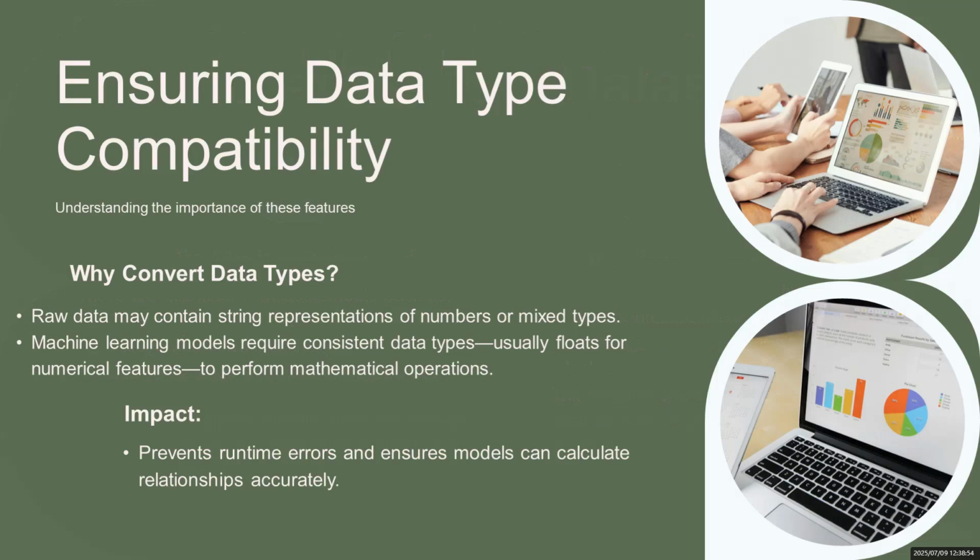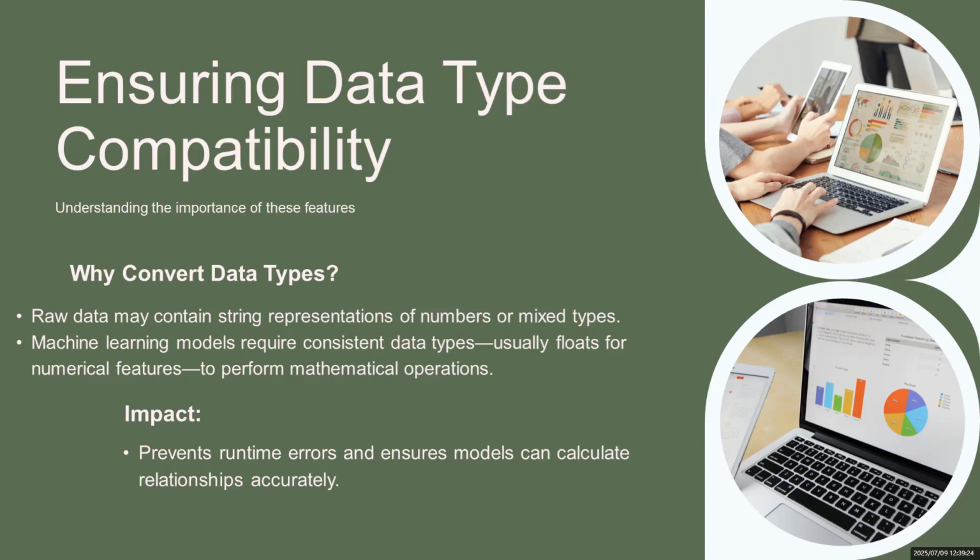Ensuring data type compatibility. Now, let's understand the importance of these features. Why convert data types? Raw data may contain strings, representations of numbers, or mixed types. Machine learning models require consistent data types, usually floats, for numerical features in order to perform mathematical operations.